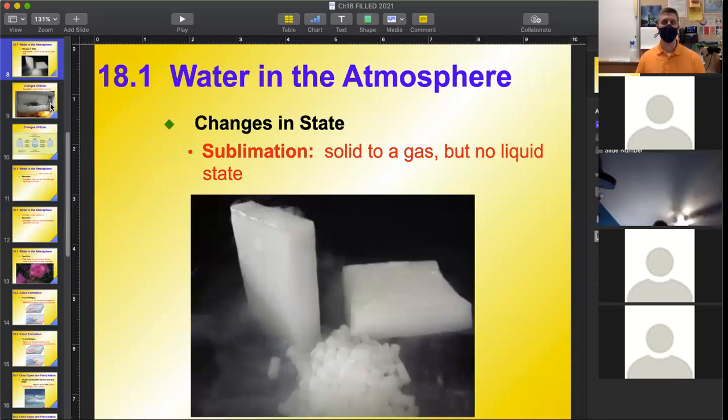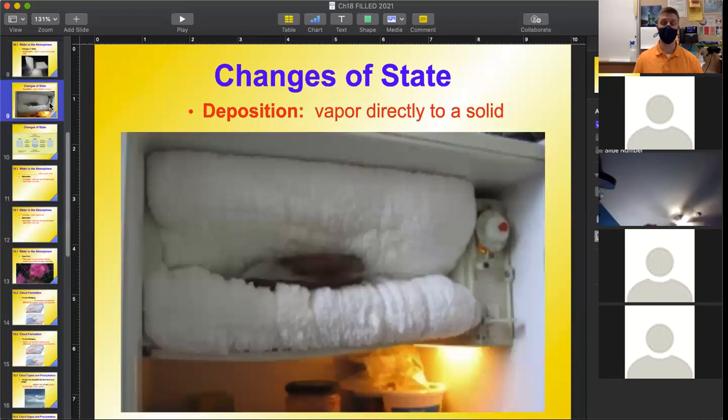Now, kind of the opposite of sublimation, going from a solid to a gas, is deposition, going from a gas to a solid. So in this example, this person obviously is not maintaining their freezer very well.